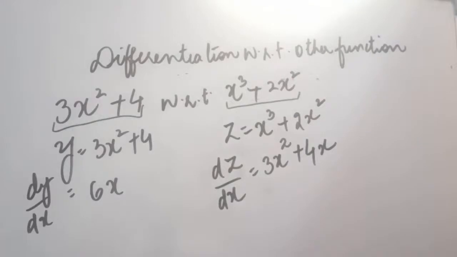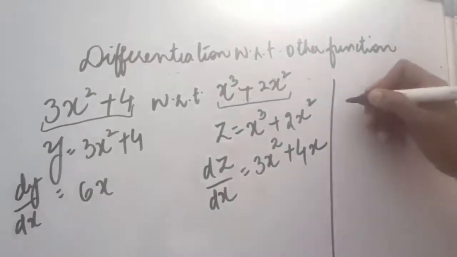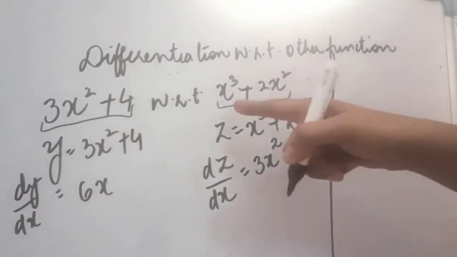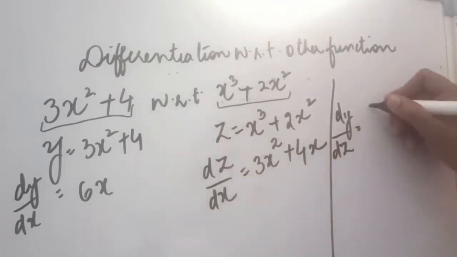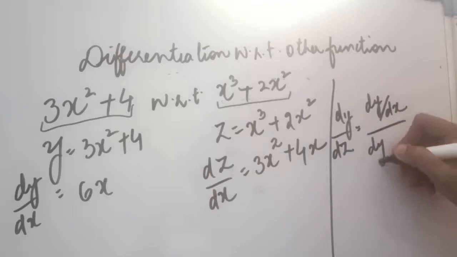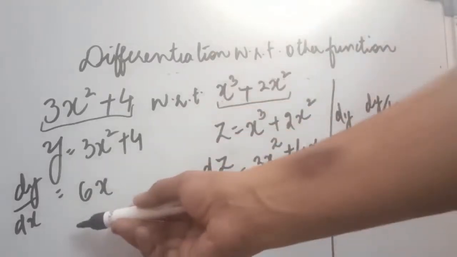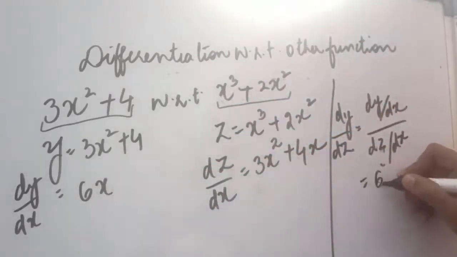Now we will apply the formula that we have seen for differentiation with respect to other function. Ultimately we have to calculate dy upon dz because we have named it z. Our formula is dy upon dx divided by dz upon dx. Now the value of dy upon dx you have calculated, 6x.